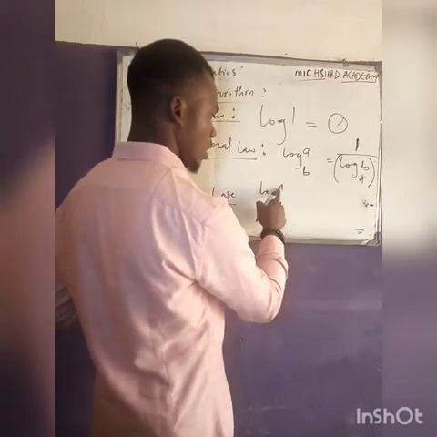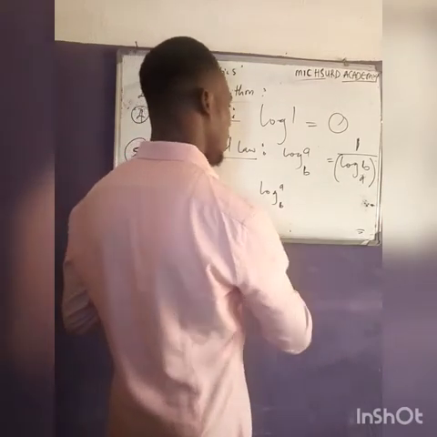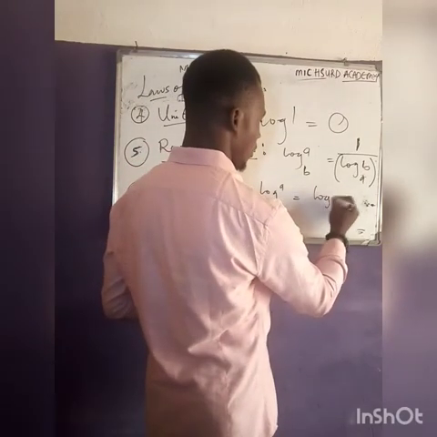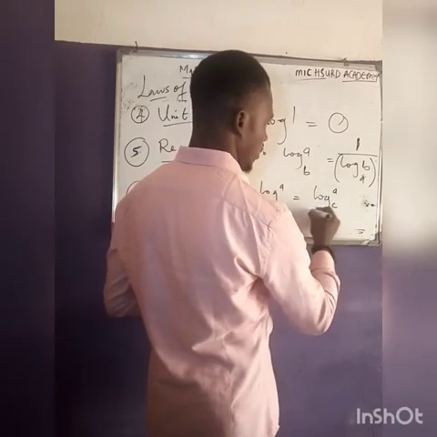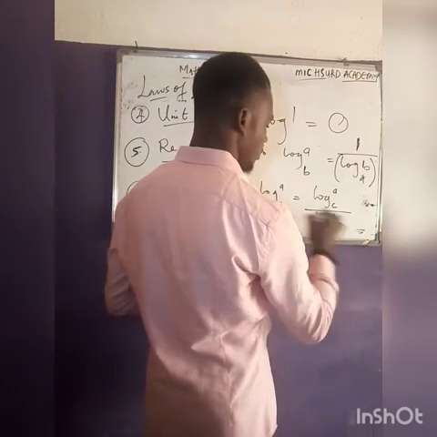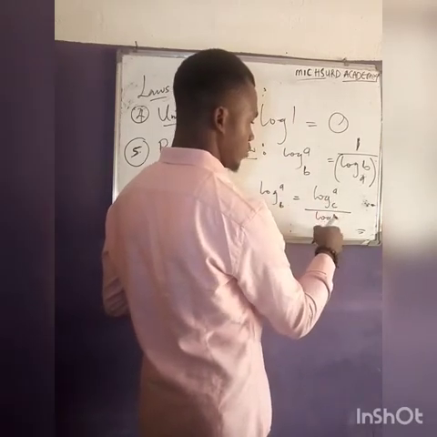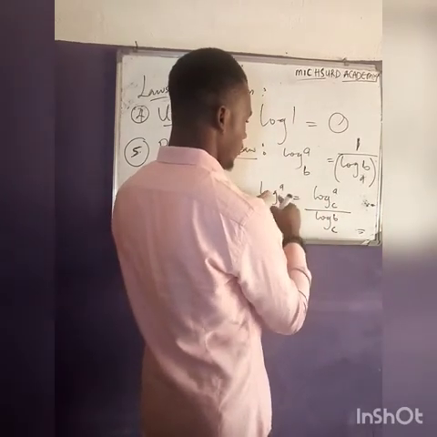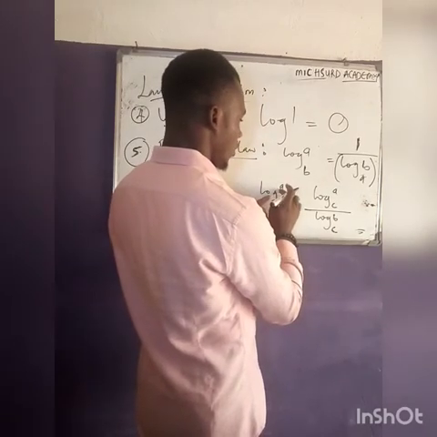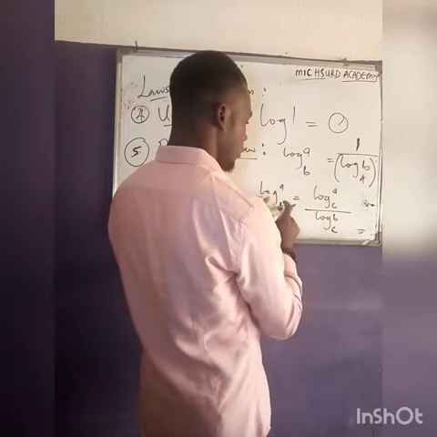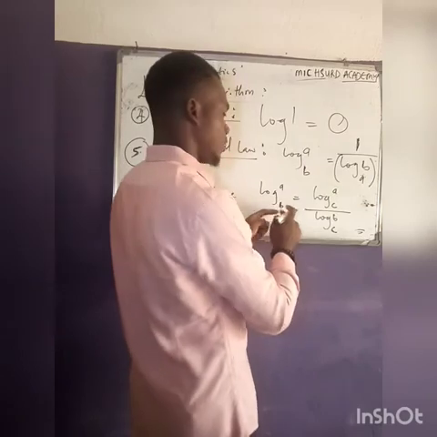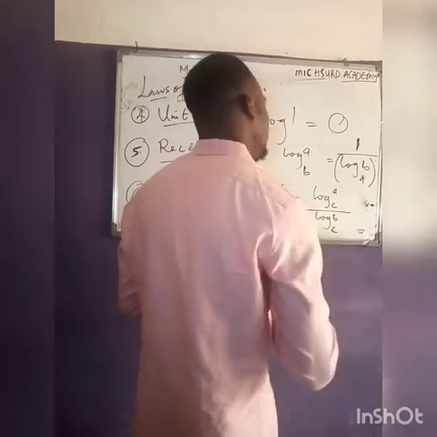We are not changing to A, we are changing to C. So we can write this to be equal to log A to base C, all divided by log B to base what? C. So we have the base now to be C, okay? It's just that we try to separate the log and divide. We do the log of A to base C, we do the log of B, no longer a base now. I hope you get that. Alright, so we have it in this form.